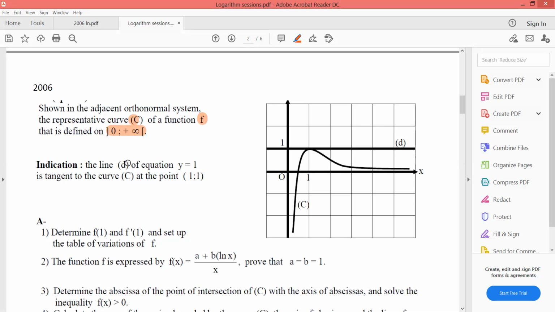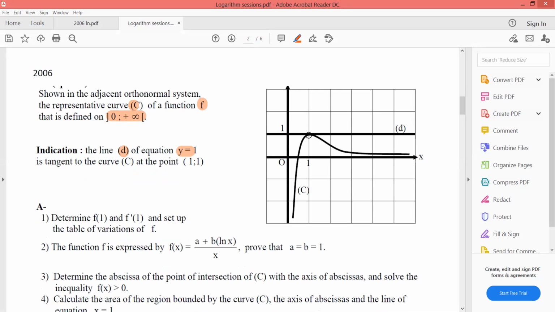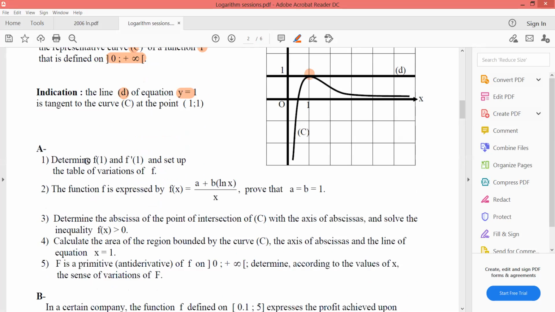In what follows, D is the line of equation y equals 1. It is tangent at the point 1, 1. Determine f of 1. F of 1 is 1, at x equals 1 and y equals 1. This is simple. F prime of 1, how much?